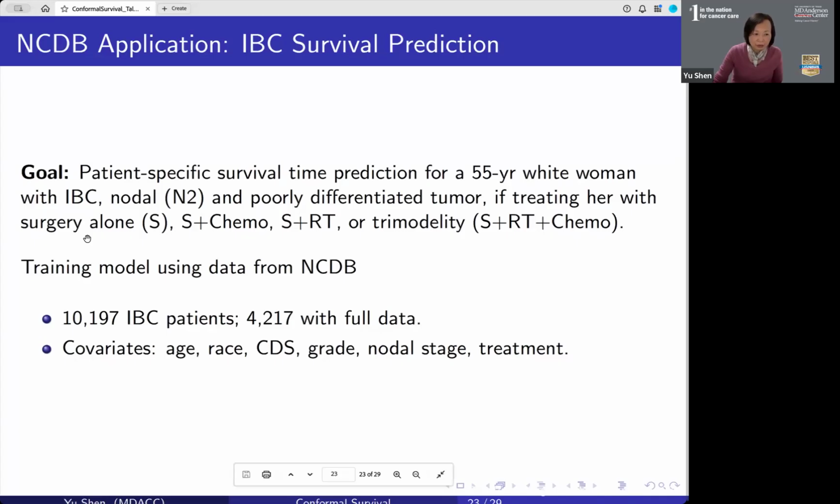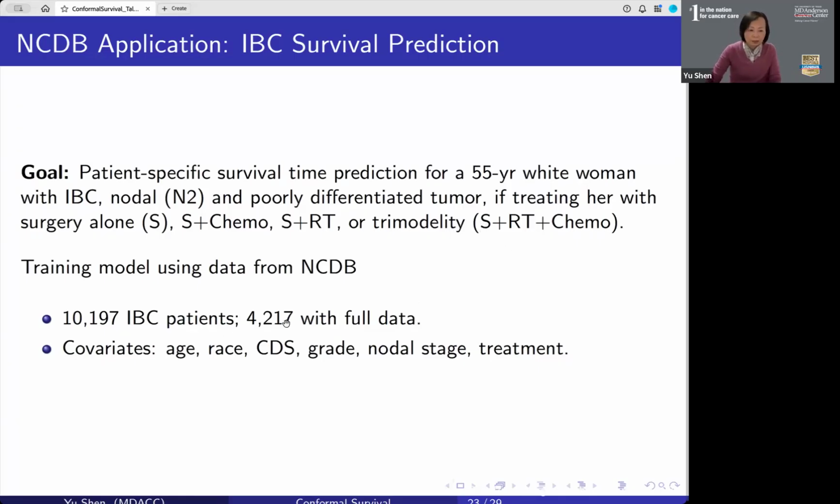She can receive surgery only, or surgery plus chemo, or surgery in combination with radiation, or what we call trimodality: she receives chemo first, then surgery, then radiation.